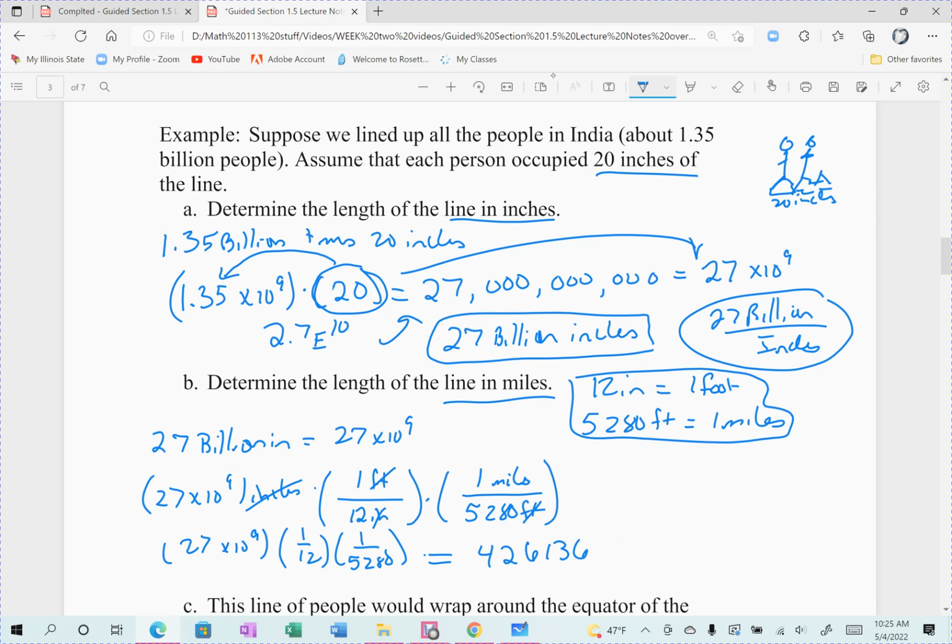So 1.35 billion people who occupy 12 inches of space apiece will take up 426,136 miles of space.